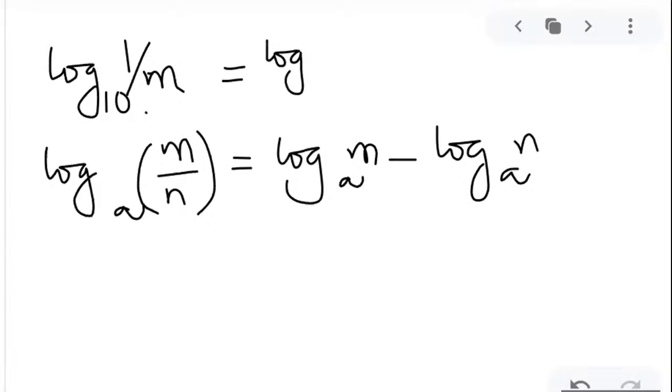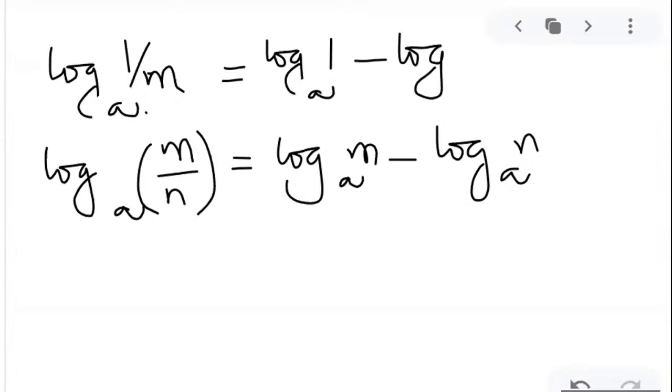Log. Tell the immediate next step. What is in the numerator? Log 1 base 10. Oh, 10 is there. Sorry, log 1 base 10 minus log m base 10. Because we are dealing with variables here, let's make it a.